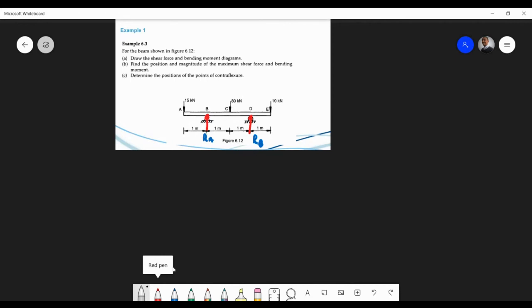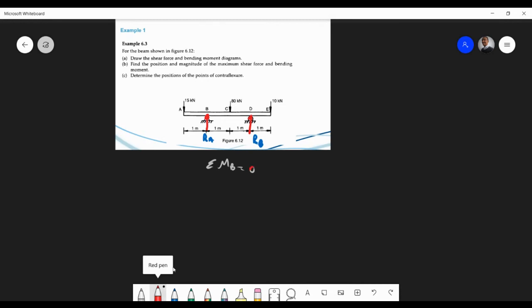And so what we can do is take moments at B. The beam is A, B, C, D, E. So I want to make you aware, if your beam is not labeled, label your beam. Normally your beam is always labeled, so I'm just making you aware. This is for the sake of ease, so when I assess you, it's possible for me to figure out exactly what is what.